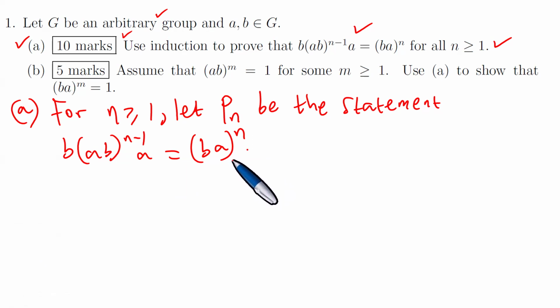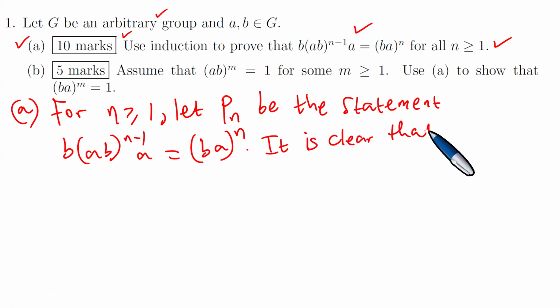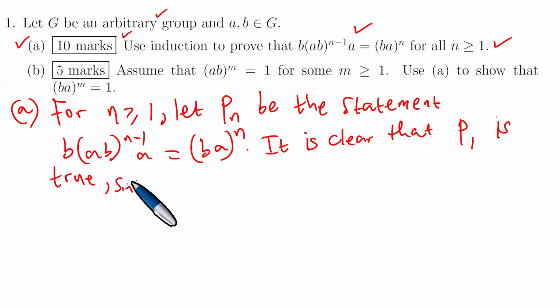If we are dealing with that statement, it is clear that P1 is true, since if you put 1 there, you get B(AB) to the power 1 minus 1, then A. What are we able to achieve here?